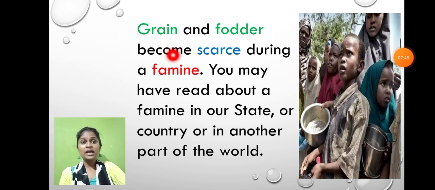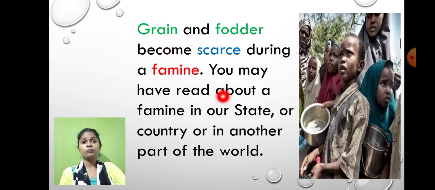As we are not able to get enough food material, the people living in such an area experience famine. Famine means what? Starvation. Are you getting my point? The famine condition is that condition where people suffer from the deficiency of food material, as there is no rainwater.